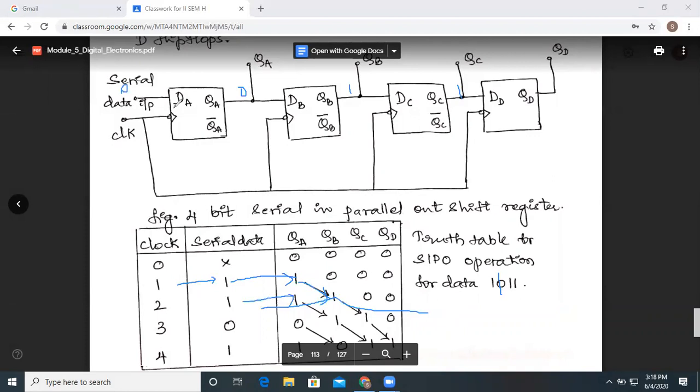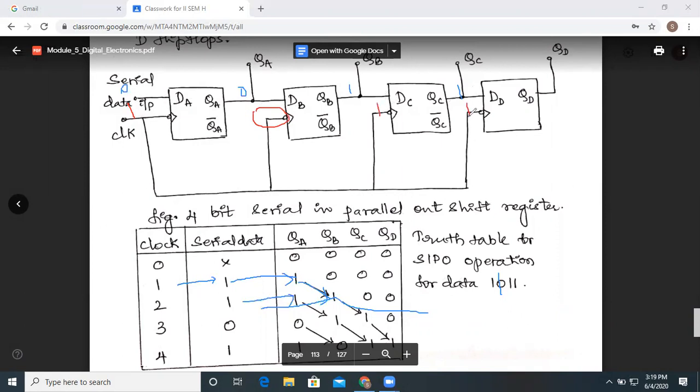Now let us feed the last bit. The last bit is 1, so the data is given over here. Now the data is 1 over here, here the input is 0, here the input is 1, and here the input is 1.